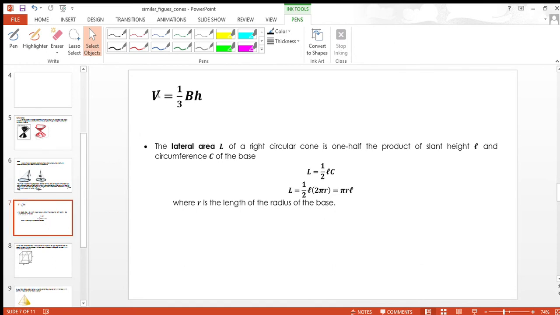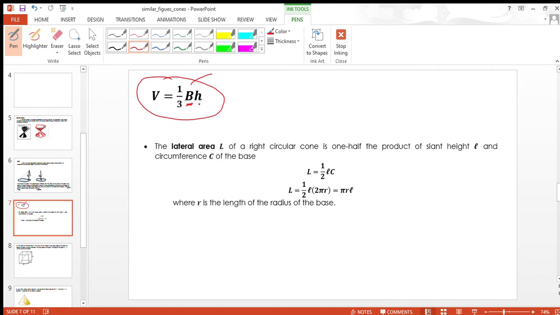Then, for our formulas, similarly, the volume is 1/3 base times height. If you have a circular base, then your base is pi r squared. And in this discussion, we will be limiting ourselves to circular cones so that we have the base as a circle, because we have not yet discussed the ellipse, so we will exclude problems wherein the base is not a circle.